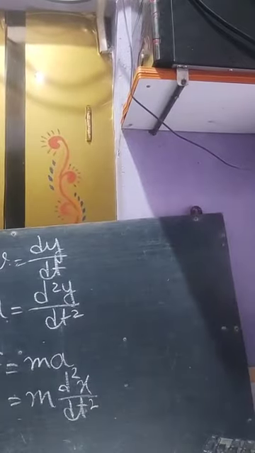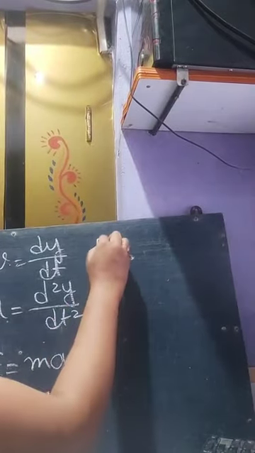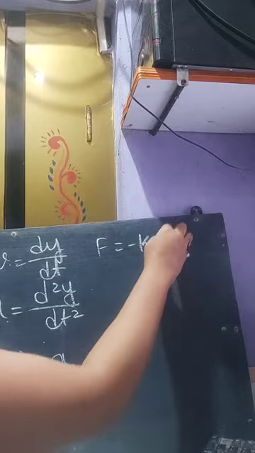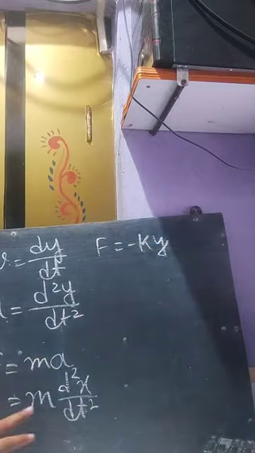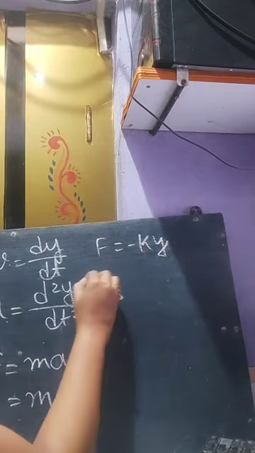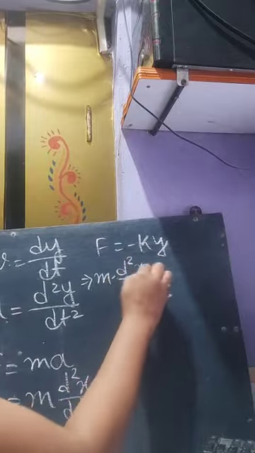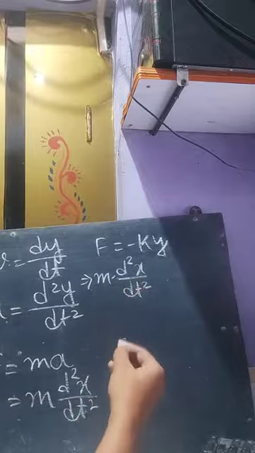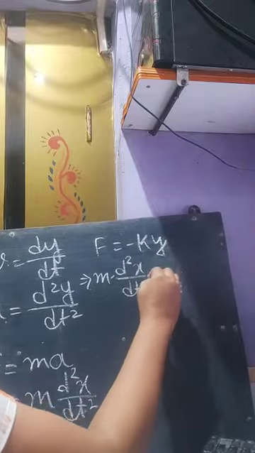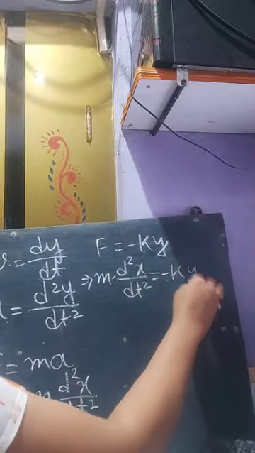Now, according to Hooke's law, we have learnt that F equals minus ky. So F is nothing but m into d2x/dt squared, which should equal minus ky.